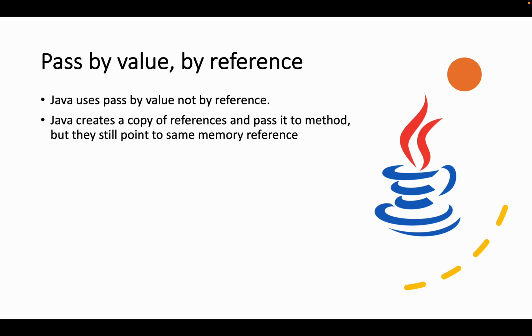You can actually pass by reference, even the primitives. Java will create a copy of a reference and pass it to the method. But that reference that it has created a copy of is pointing to the same memory reference in the heap, the same memory in the heap.